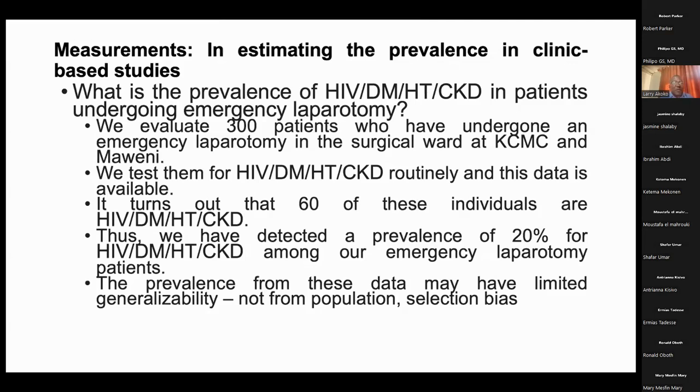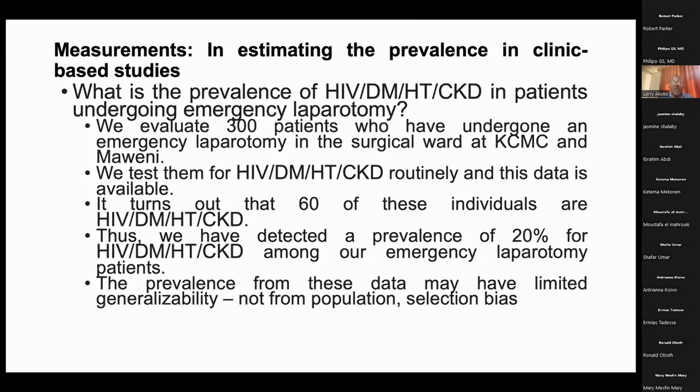It's normally available in the patient's files. And from this, it turns out that 60 of these individuals have HIV, diabetes, hypertension, or CKD, whichever one of them. It doesn't have to be all. Thus, we have detected a prevalence of 20% for HIV, diabetes among our emergency laparotomy patients.